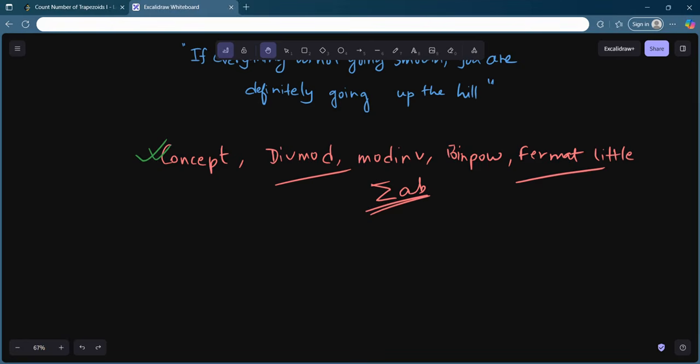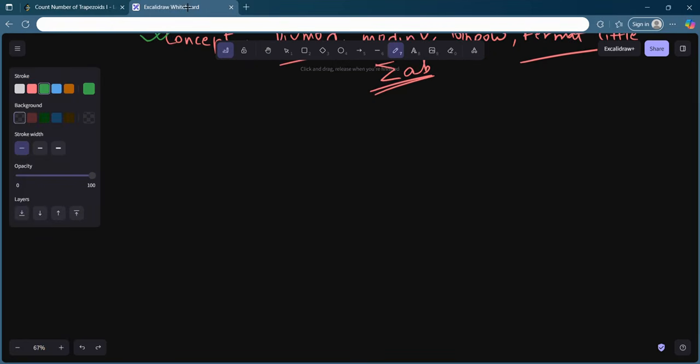So what is told in the question is to count the total number of horizontal trapezoids formed. If you don't know what a trapezoid is, it is a quadrilateral with one pair of sides parallel. Mathematically speaking, at least one pair of sides parallel. So let's say you have these 4 points, and it is a horizontal trapezoid, so they must be parallel to the x-axis.